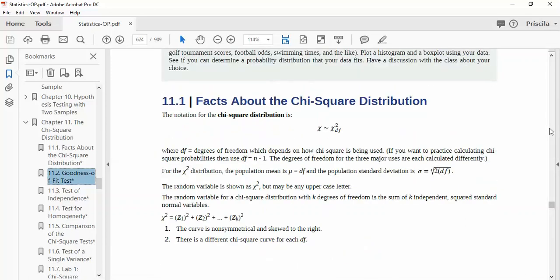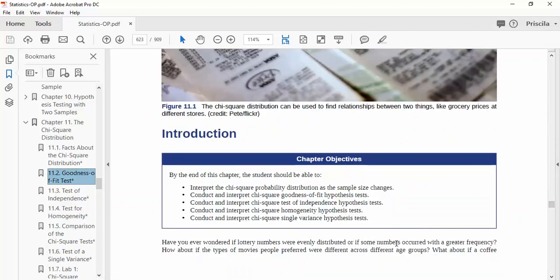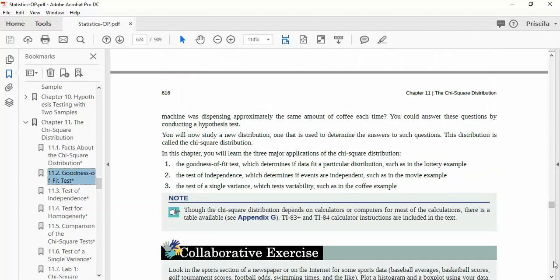The chapter begins by giving you examples. Have you ever wondered if lottery numbers were evenly distributed, or if some numbers occur with a greater frequency? So you're going to be testing the observed against the expected.